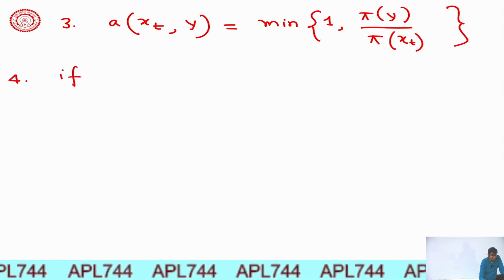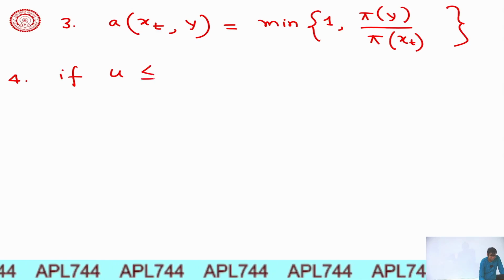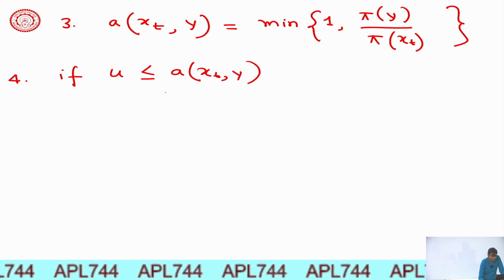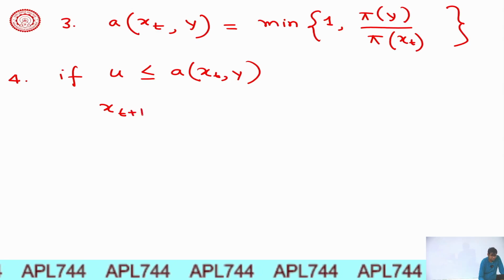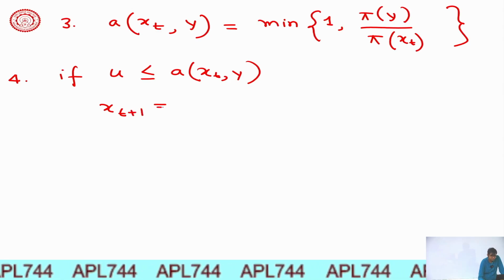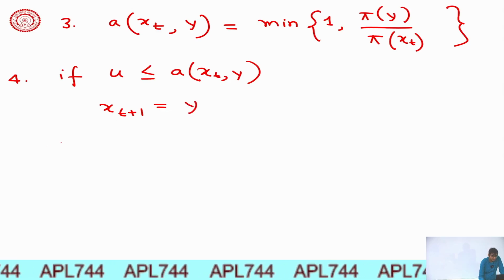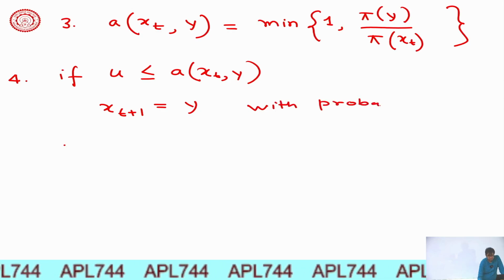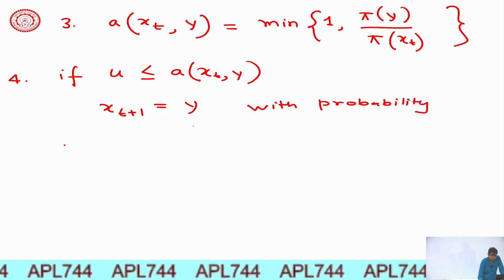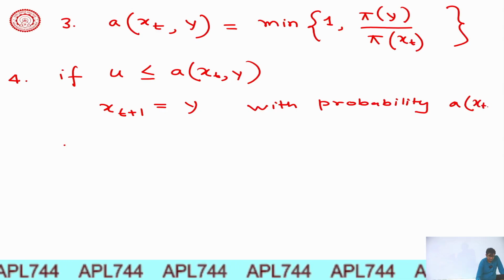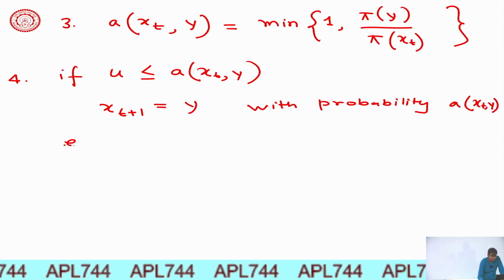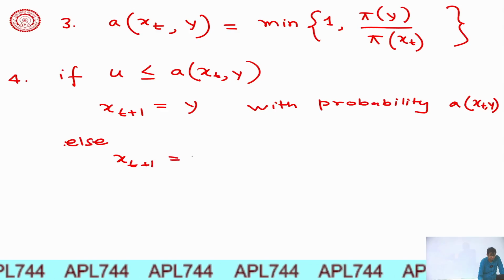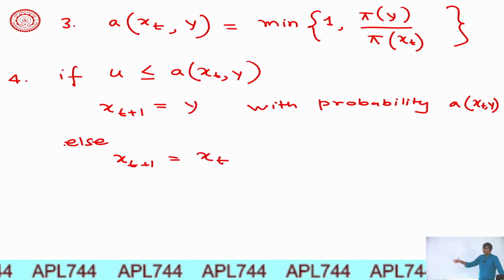So if u is less than or equal to a(xt, y), then you set xt plus 1 to be equal to y, else, with probability a(xt, y), else you will set xt plus 1 to be equal to xt, and you repeat it until the length of the chain.